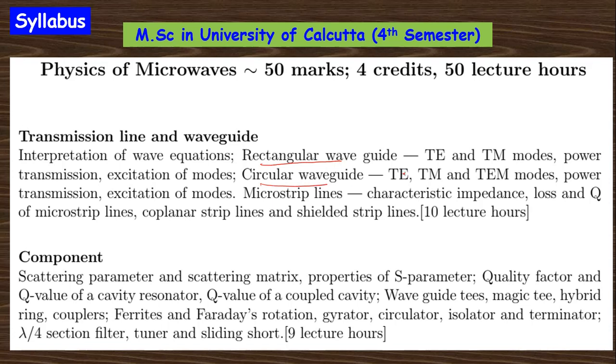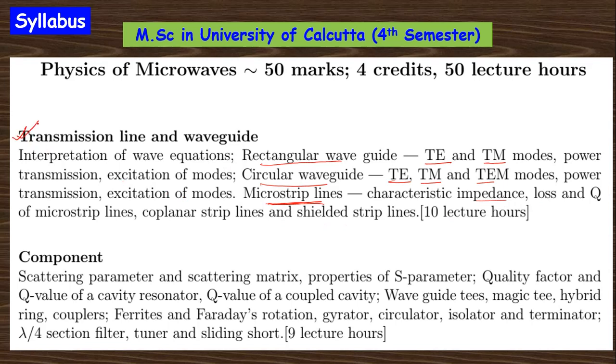In the rectangular waveguide, transverse electric and transverse magnetic modes can exist, whereas in the circular waveguide, transverse electric, transverse magnetic, and transverse electric and magnetic modes can exist. And we discussed the power transmitted in both waveguides, and finally we learned about the microstrip lines, about its characteristic impedance. We already covered all this portion.